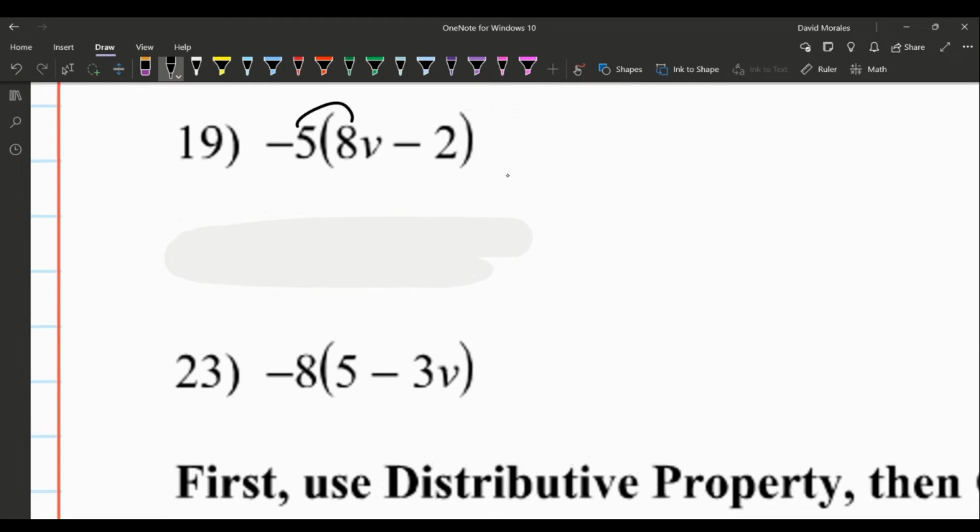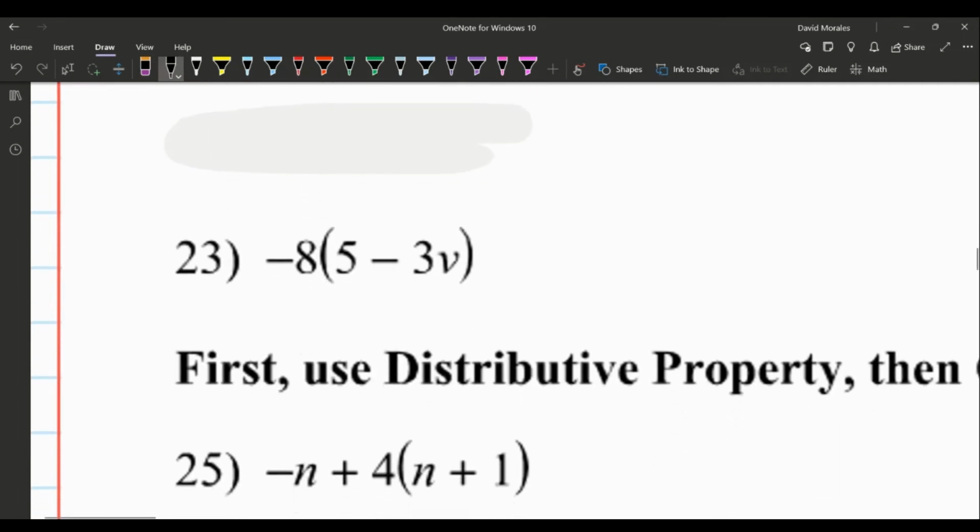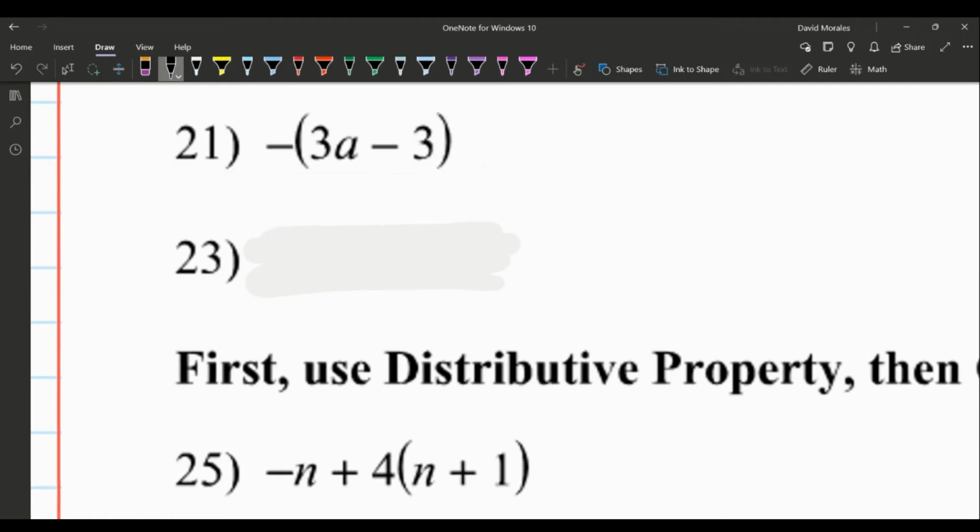Negative 5 times 8v is negative 40v. Negative 5 times negative 2 is positive 10. Negative times 3a is negative 3a.